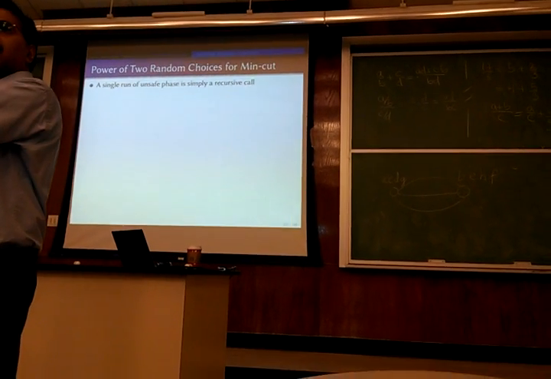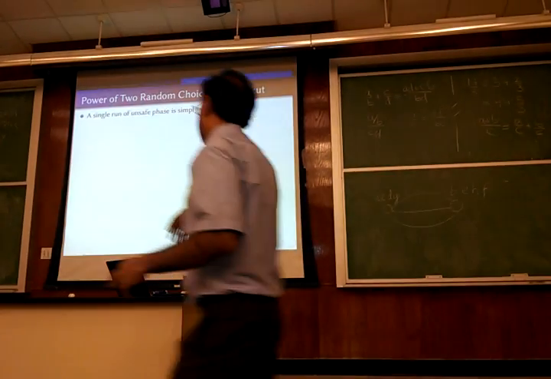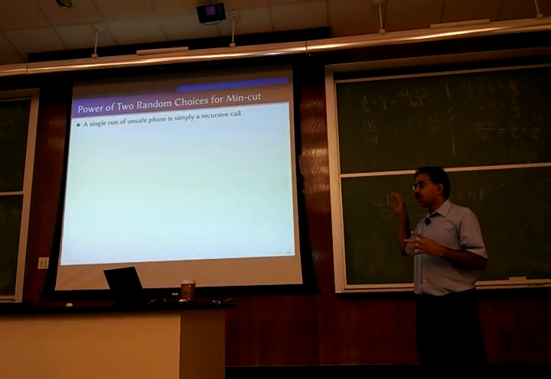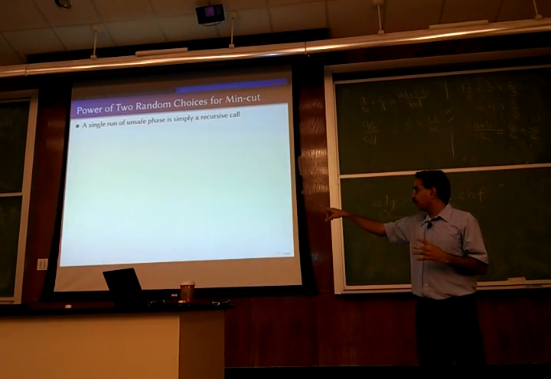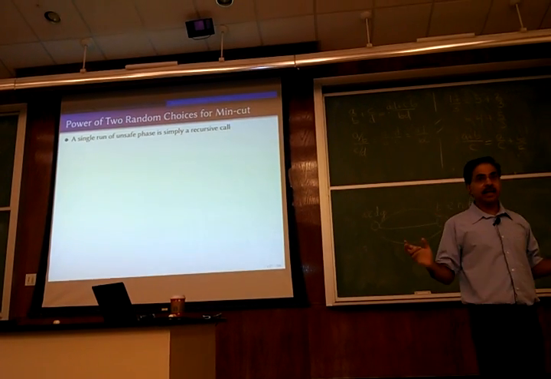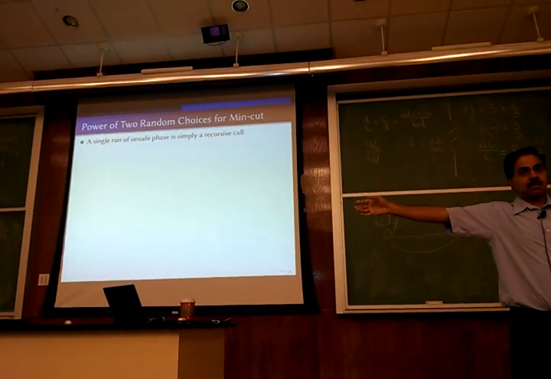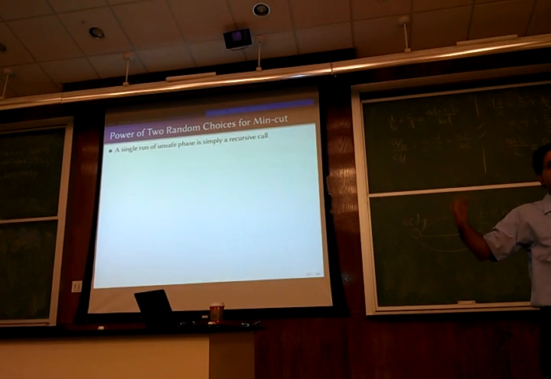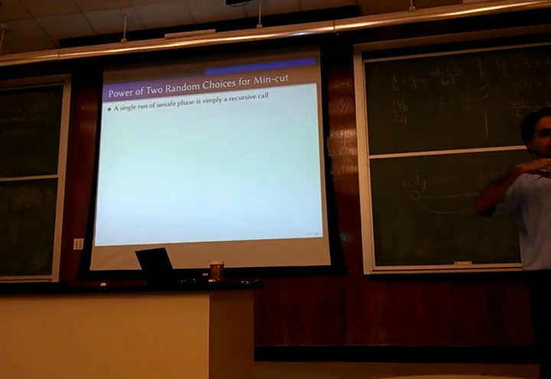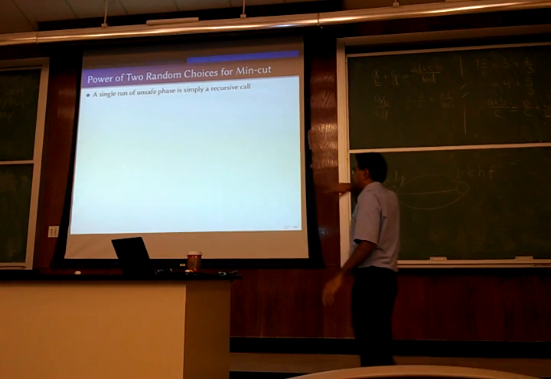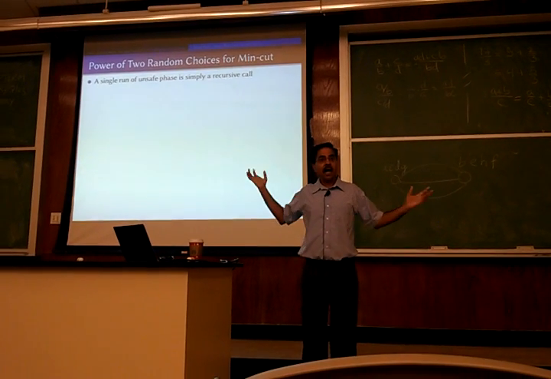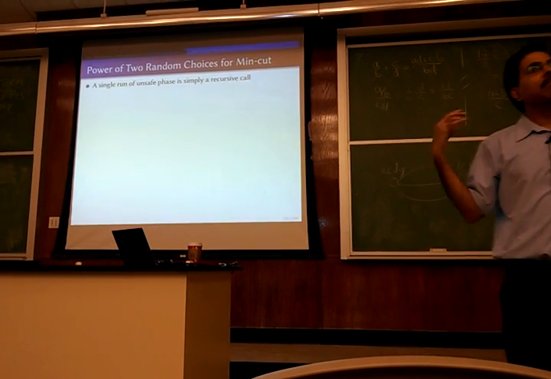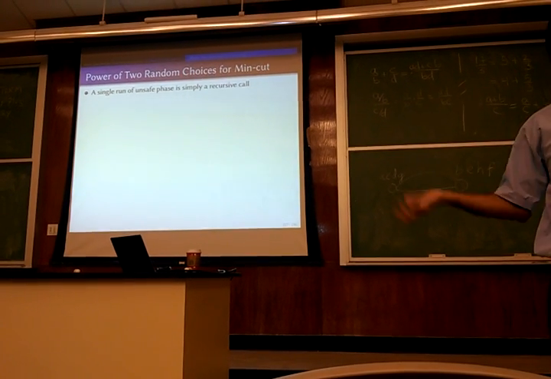As a result, by the time my chance of picking one of those min-cut edges becomes really high, I have so many copies, so many places. It goes from 2 to 4 to 8 to 16. So by the time I get to a point where my probability of making a wrong edge is high, I am repeating that so many times that across them I reduce the chances that I made a mistake.